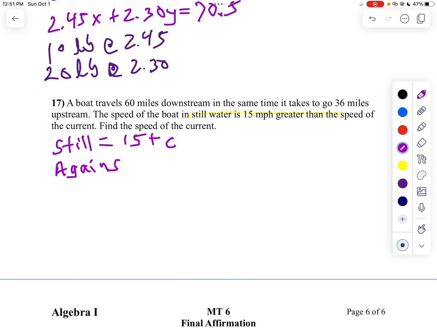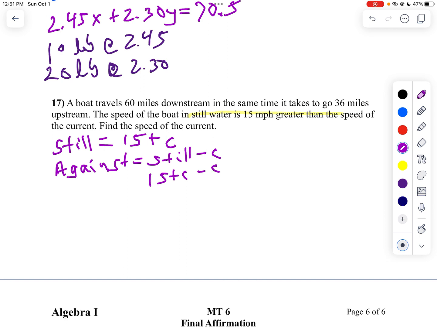Well, if you're going against the current, you're going to have the speed of the boat in still water minus the current. In other words, still water is 15 plus C, minus the current, which is C.